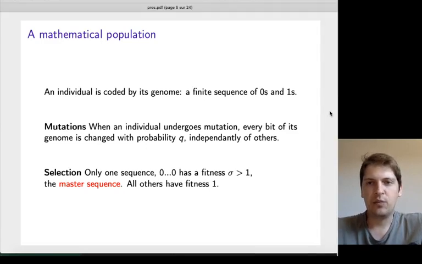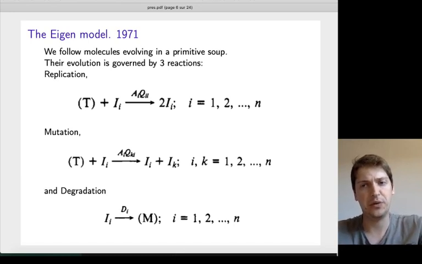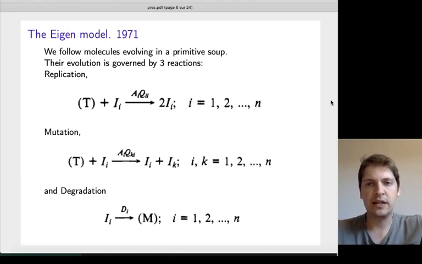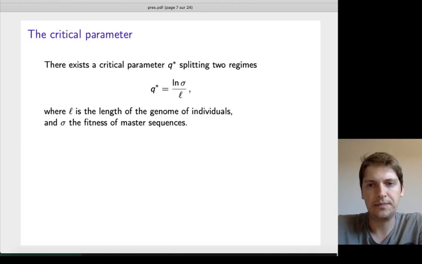So Manfred Eigen implemented this principle in differential equations, working with proportions of individuals. And by changing the parameters in the asymptotic regime, he observed a critical change in the asymptotic behavior of the population. More precisely, there exists a critical parameter, q star, which is log of sigma divided by L, if q is the parameter for mutation.